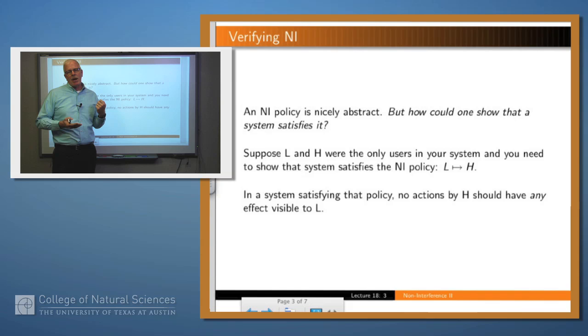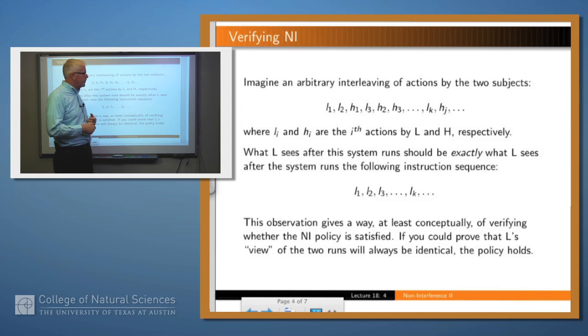Well, think about it this way. If our policy says that information can't flow from H to L, but can flow vice versa, then recall earlier we said that it shouldn't be the case that H can do things, the effects of which are visible to L. Because if H can do things and L can see the results, then they can use that as a mechanism to send information. And so that's really what we want to show about the system.